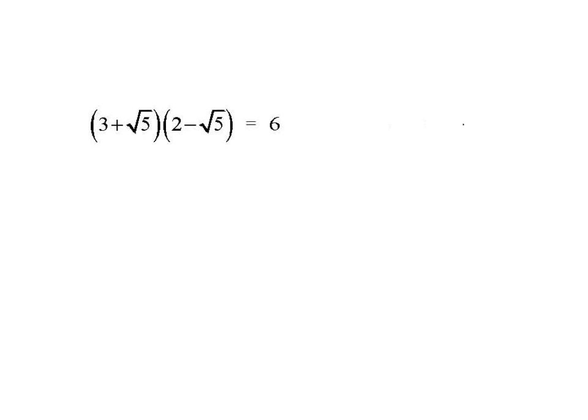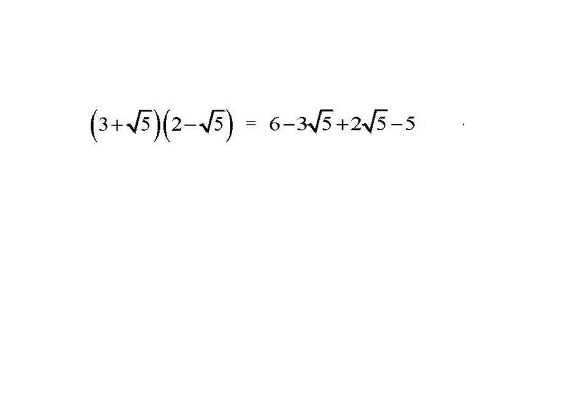The next piece we'll need is the 3 times the negative root 5. That gives us negative 3 root 5. Then we need the positive root 5 times the 2. And lastly, we need the root 5 times negative root 5, which, as we know, gives us negative 5.